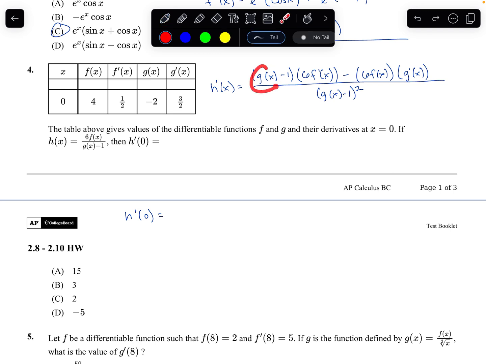here we have g of x. G of 0 is negative 2. So that becomes negative 2 minus 1, so that's going to be negative 3 times 6. And f prime of 0 is 1/2, so times 1/2, minus, and then we have 6 times f of 0.